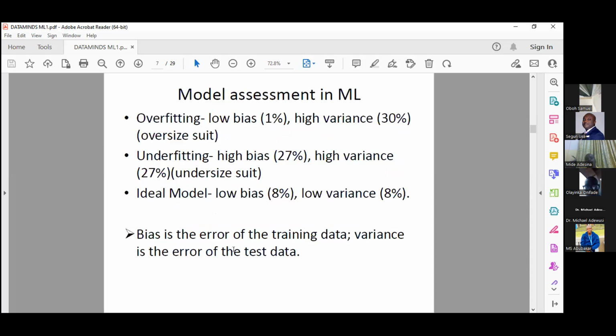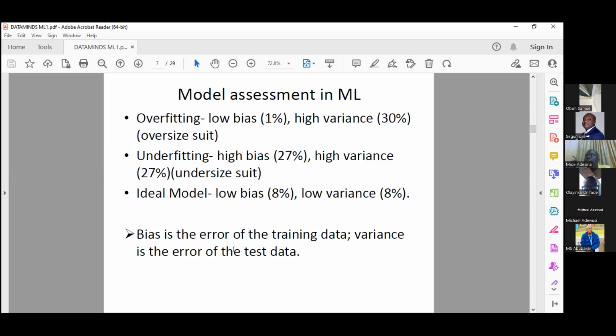Now let's look at model assessment. We have a concept called overfitting. What is overfitting? Overfitting is a case where we have low training mean square error, that is, low training error and high testing error.